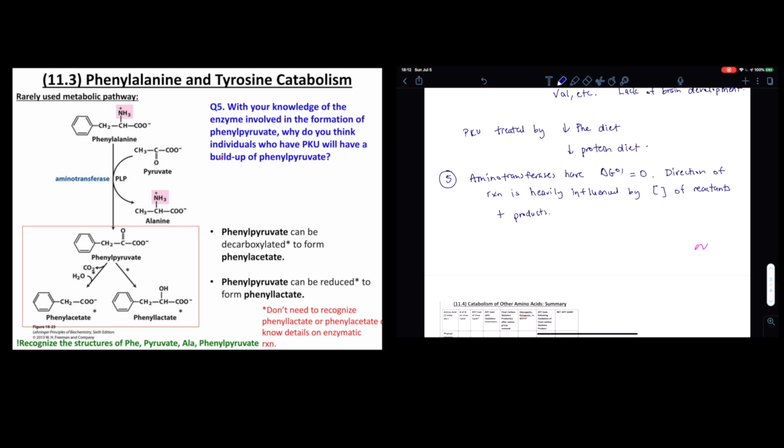Okay, so if we have a high concentration of phenylalanine, this pushes the reaction forward to make high concentrations of this compound called phenylpyruvate.